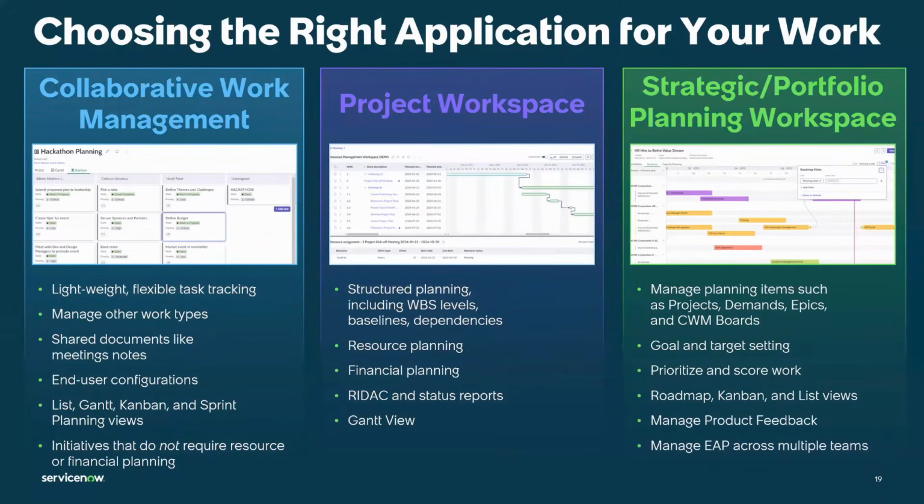A lot of times people may initially have some confusion over which application they should be doing their work in. So collaborative work management is more for lightweight task tracking. If you want to manage other work types and leverage connected work, that would be a good place for CWM. Shared meeting notes, end user configurations, the ability to have those different views: list, Gantt, Kanban, or Sprint.